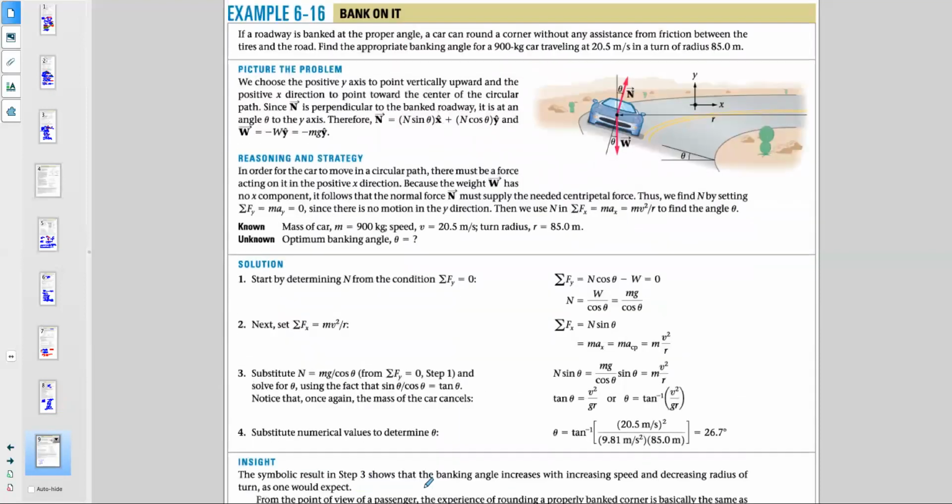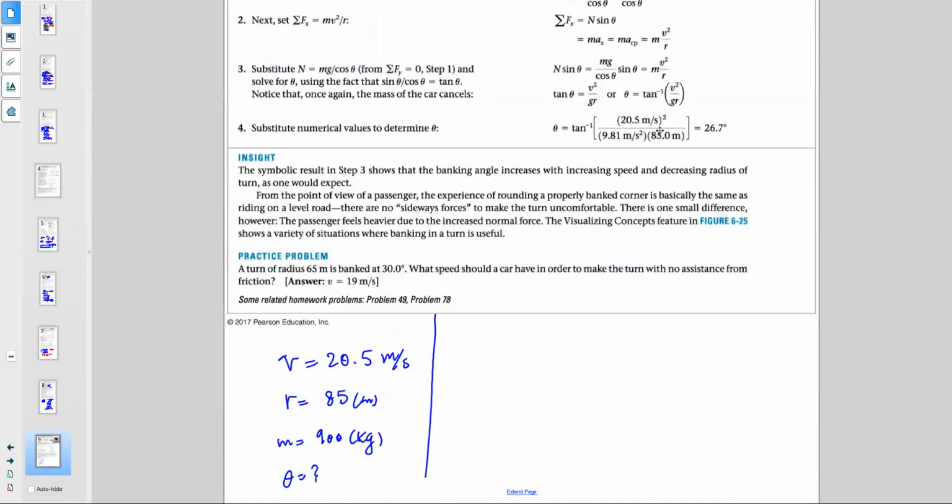So if you're looking at this, what we have here is N in that direction, normal to the surface. Surface is tilted, N is tilted. We have W towards the Earth center, okay? So I have theta here.